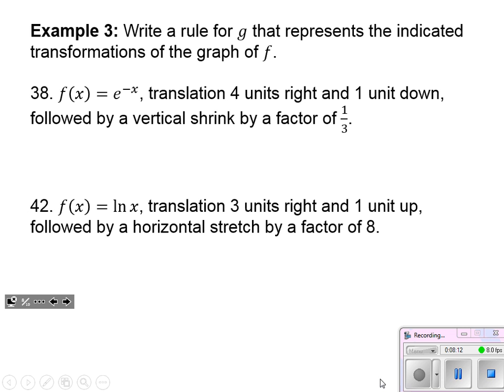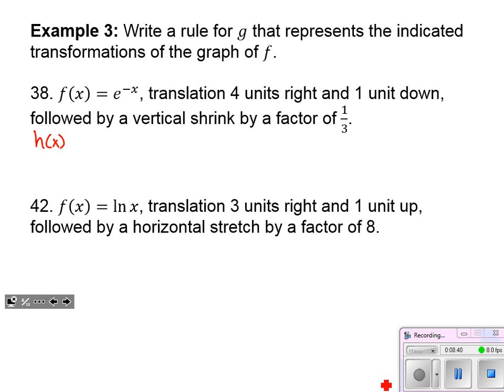All right, next objective was actually constructing a function that is made by transforming another. Remember these followed by problems, I'm sure. Number 38, we start off with e to the -x. Then we shift it 4 units to the right and 1 unit down. And then we vertically shrink the result by a factor of 1/3. Well, it's followed by, so I'm going to use this little placeholder h of x.